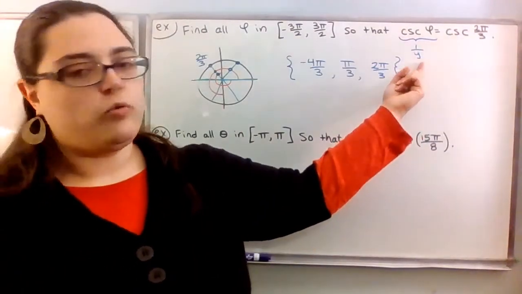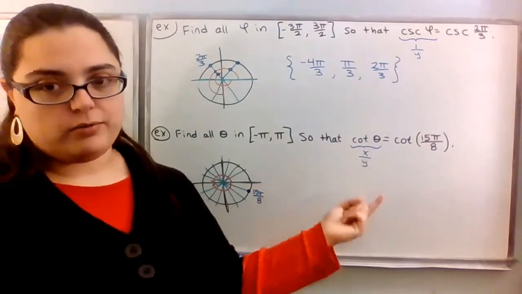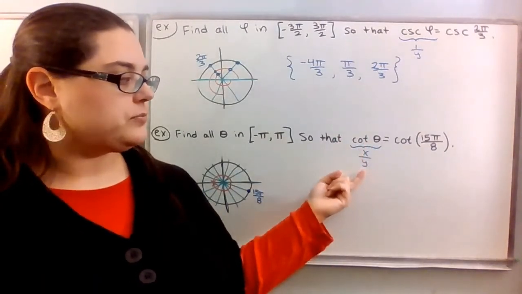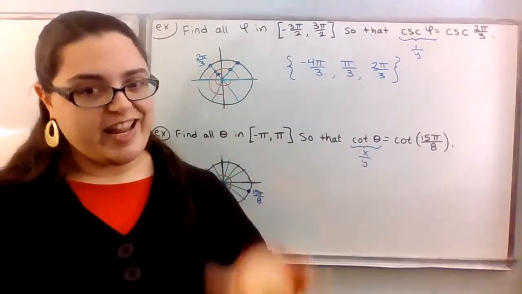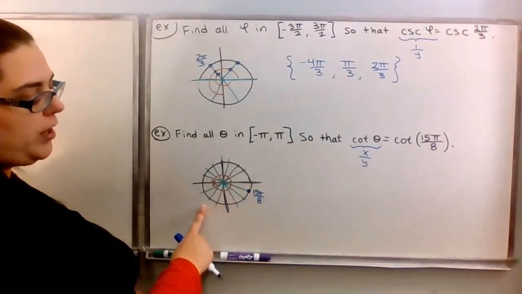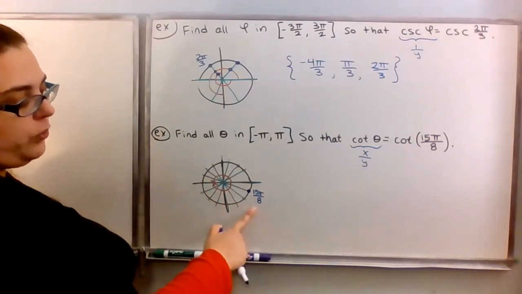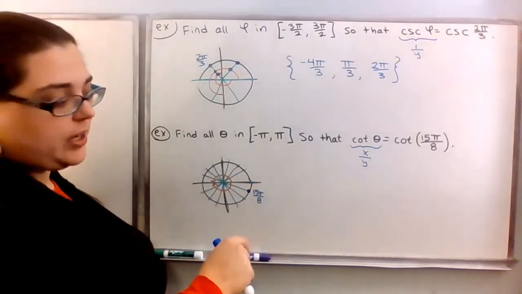So it only depended on Y, it didn't really matter what the X value was. Here, it does matter, this ratio here. So remember that tangent and cotangent are positive in the first and third quadrants, and they're negative in the second and the fourth because the X and Y's have different signs.